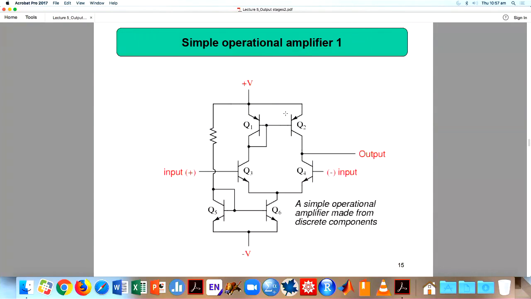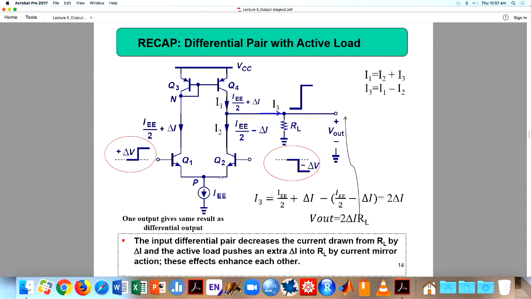And when you have such a single line, somebody asks you to design a simple operation amplifier. This one is a simple operation amplifier. In this operation amplifier, you have an inverting input and a non-inverting input. Here the signal is increasing, and here the signal is falling down, but the output is increasing.